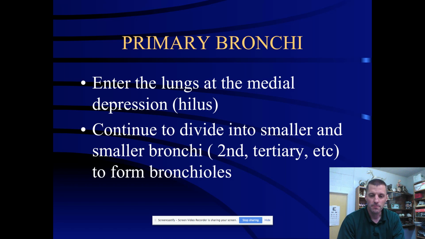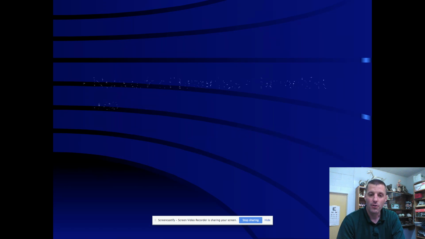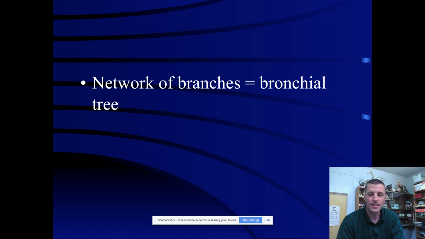So it goes trachea, primary bronchi, secondary bronchi, tertiary, and then bronchioles eventually. And then, as we discussed yesterday, those enter those tiny sacs. But that network of branches is called the bronchial tree, and the video we watched yesterday pointed that out.